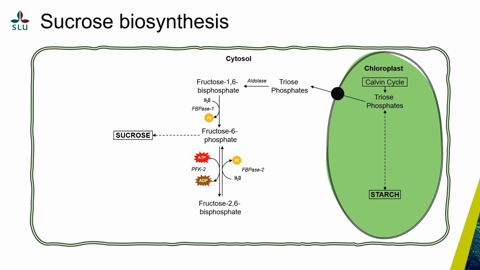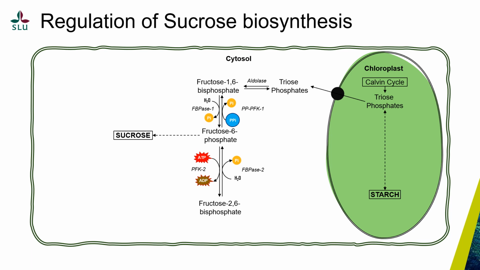If I just quickly skip the slide to get an overview. So during the daytime, the triose phosphate, which is 3-phosphoglyceraldehyde or dihydroxyacetone phosphate, is transported to the cytosol. However, the concentrations of these molecules are interdependent, and they're controlling the direction of the reaction.